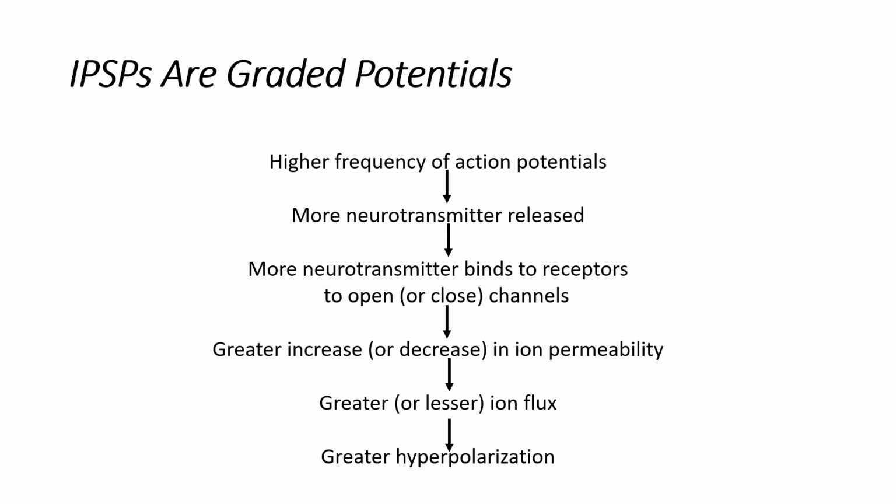So higher frequency of action potentials, right? If you're firing more action potentials per time, that translates to more neurotransmitter being released, and that translates to more of a synaptic signal, which can be read or transmitted on the adjacent neuron.